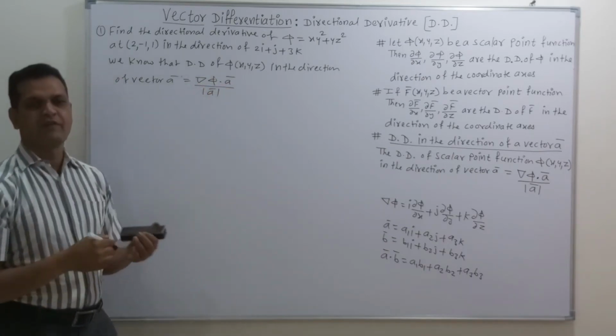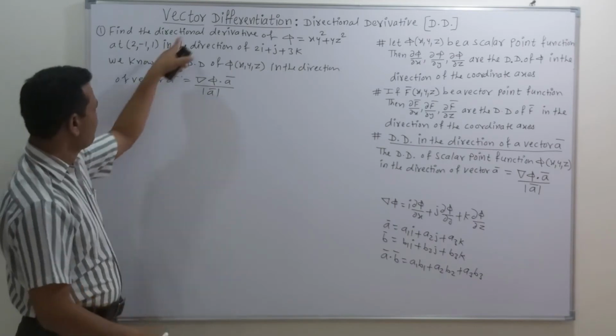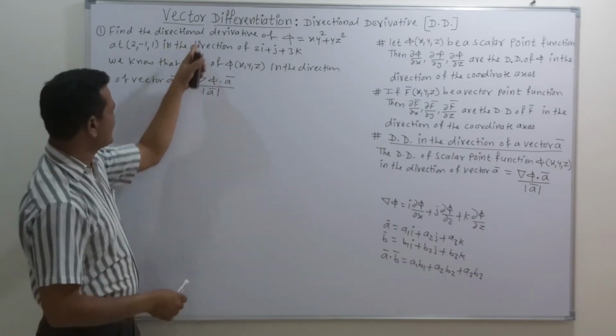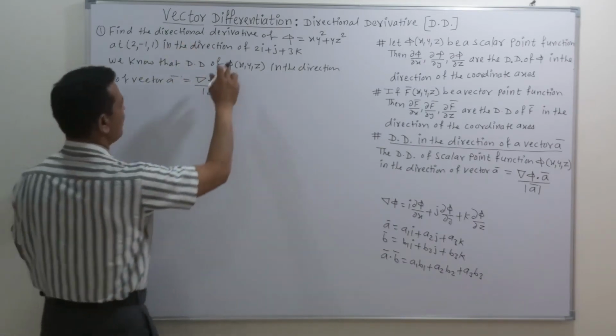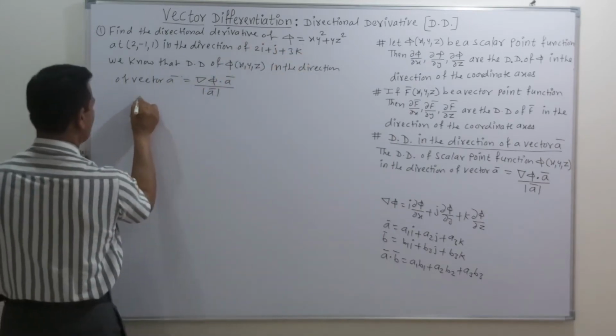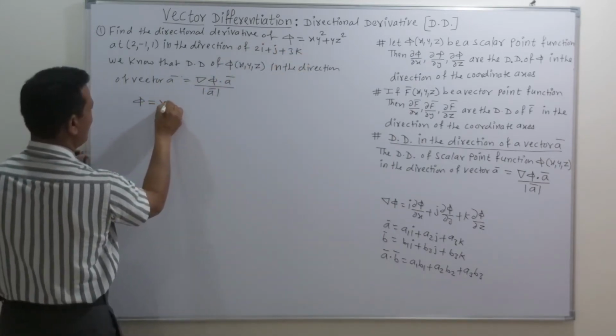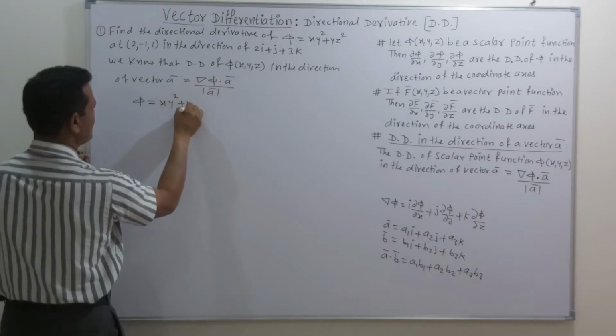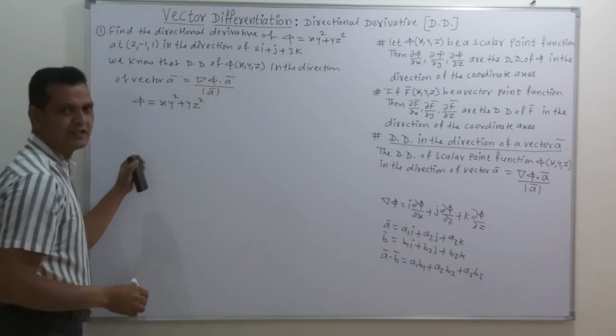This is the formula for finding the directional derivative. If we try to solve this example with the help of this formula, then the scalar point function is given by phi, and the value of phi is x y square plus y z square. So this is the value of phi.